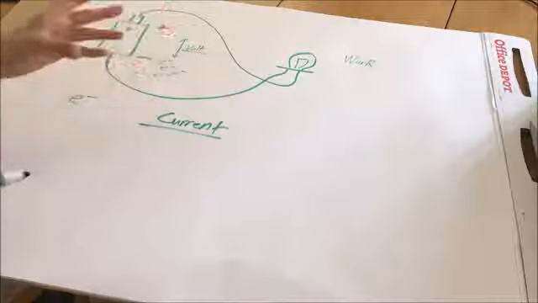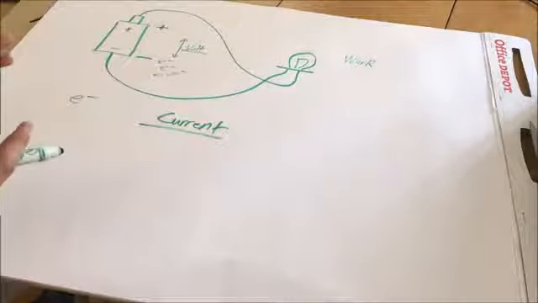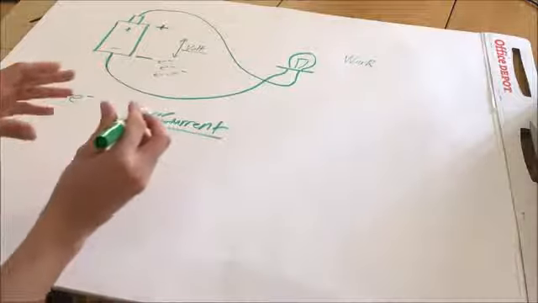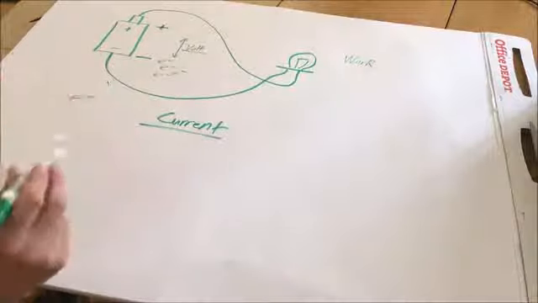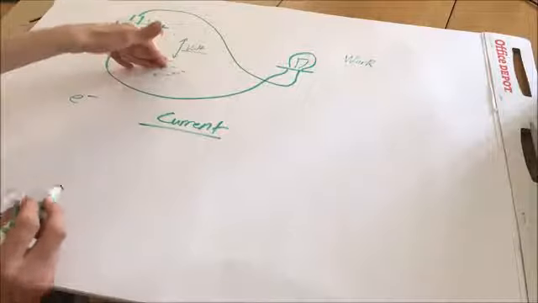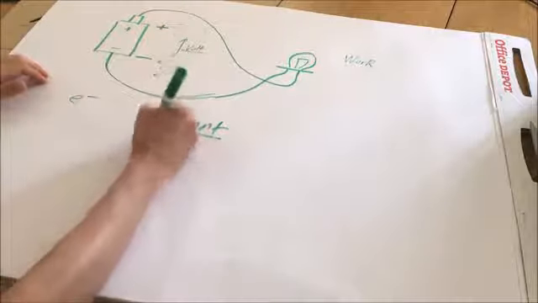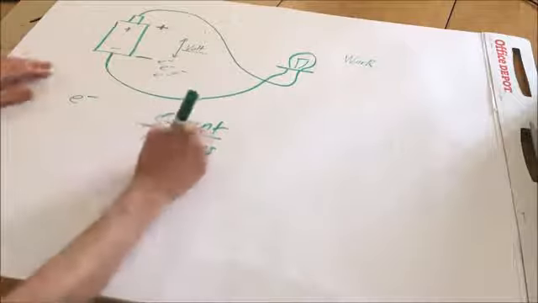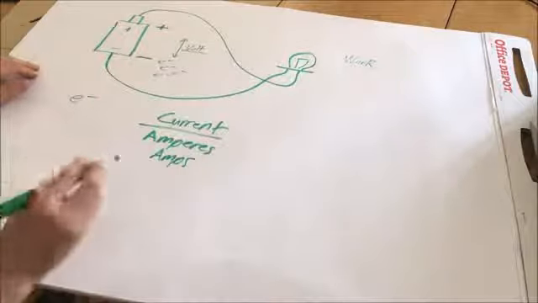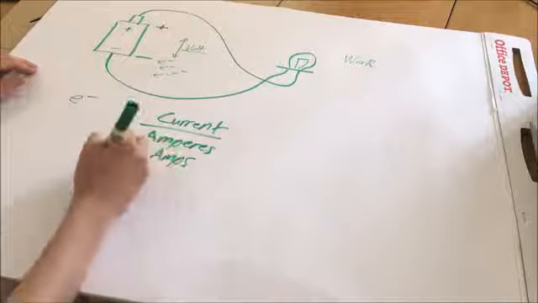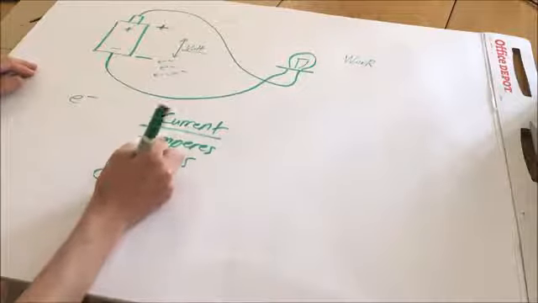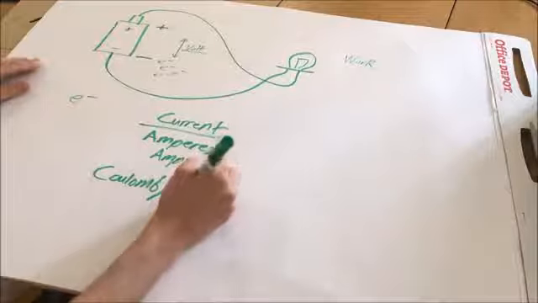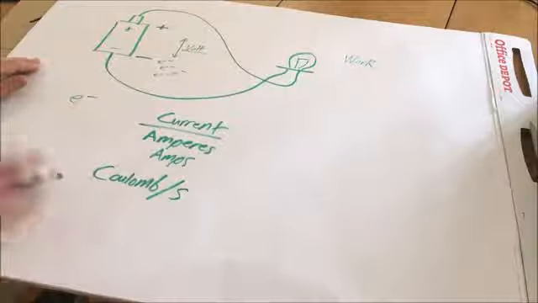If voltage would be the pressure in a hydraulic or a pneumatic analogy, then current would be the rate of flow of that material, the rate of flow of electrons. Now, current is measured in amperes, or more commonly shortened to just amps. Now, an amp is what's called a coulomb per second. It's a unit of flow rate.